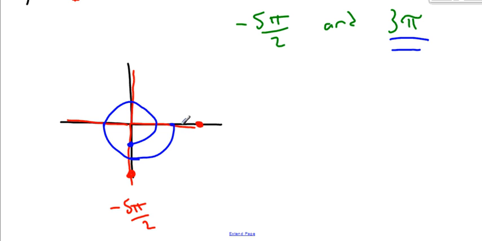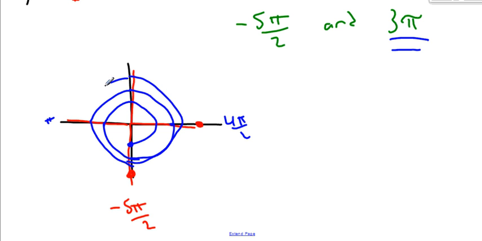Okay, I'm at 0. Now I go pi over 2, 2 pi over 2, which is pi, 3 pi over 2, 4 pi over 2, which is 2 pi, and then 5 pi over 2, 6 pi over 2, which is 3 pi, and that's where I stop.